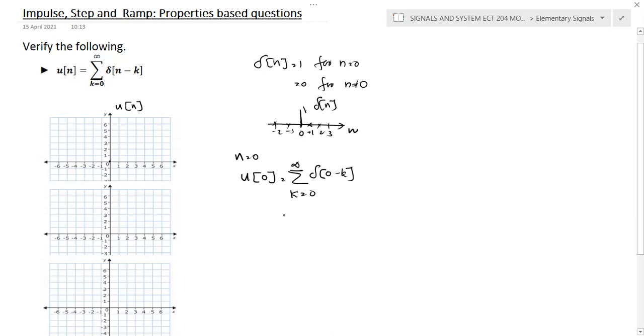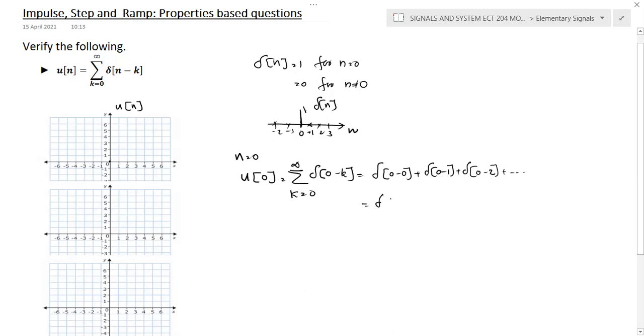Now we apply k ranging from 0 to infinity. So you can write del of 0 minus 0 plus del of 0 minus 1 plus del of 0 minus 2 etc. up to infinity.